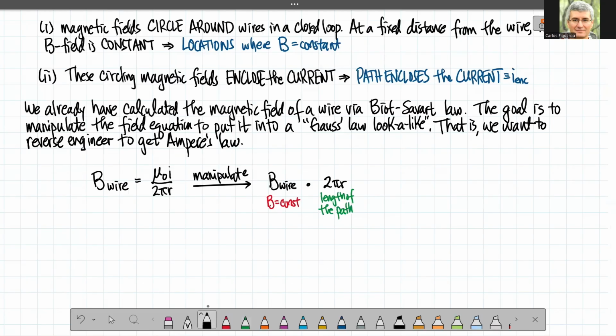If I look at the other side, I'm left with one piece here, which I'm going to call mu naught I, but because we're thinking about the enclosed current in this path, this now becomes I enclosed. So in this situation, we then have the enclosed current.